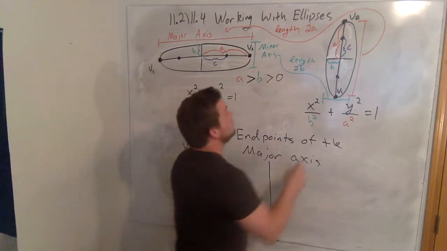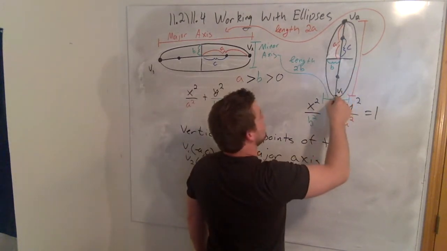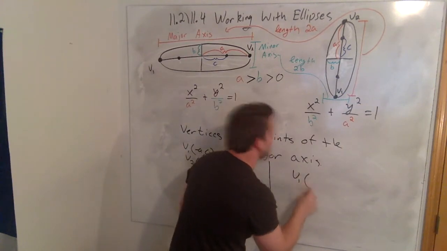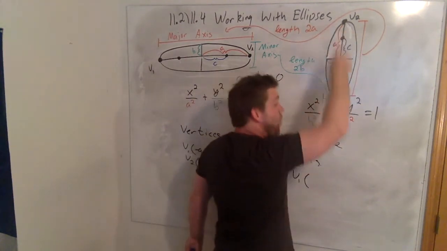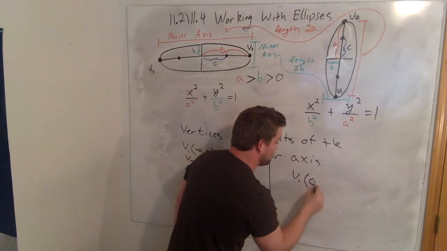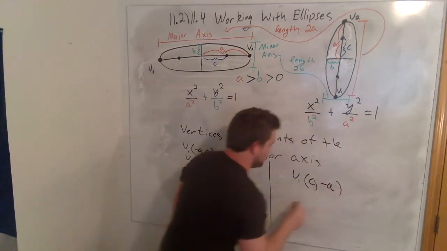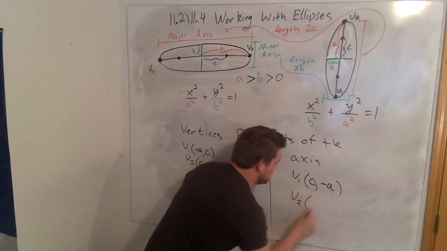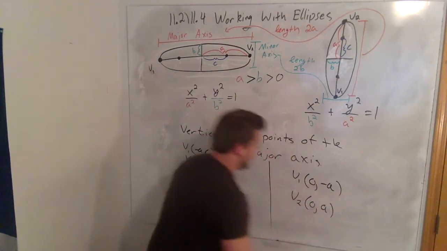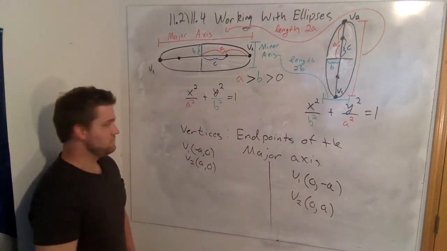Over here, the vertices are along the y-axis. Here the x-coordinate will be 0, the y-coordinate will be negative A, and V2 will be 0 and A. These are the vertices.